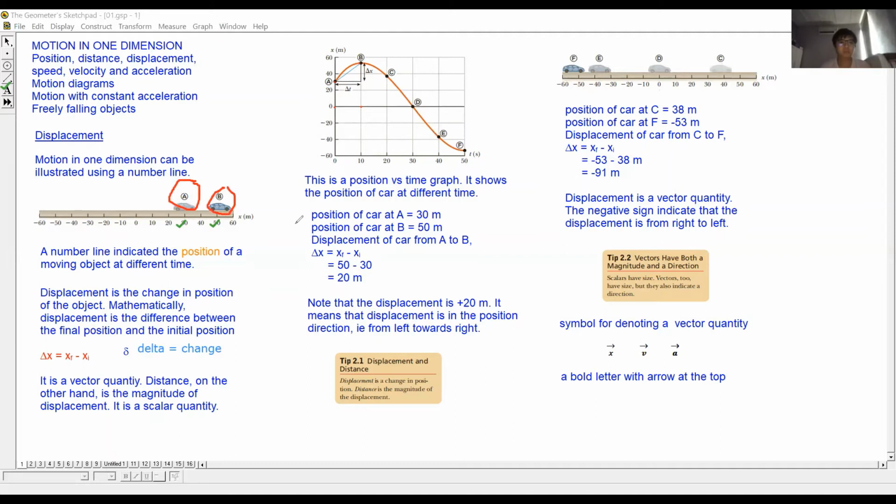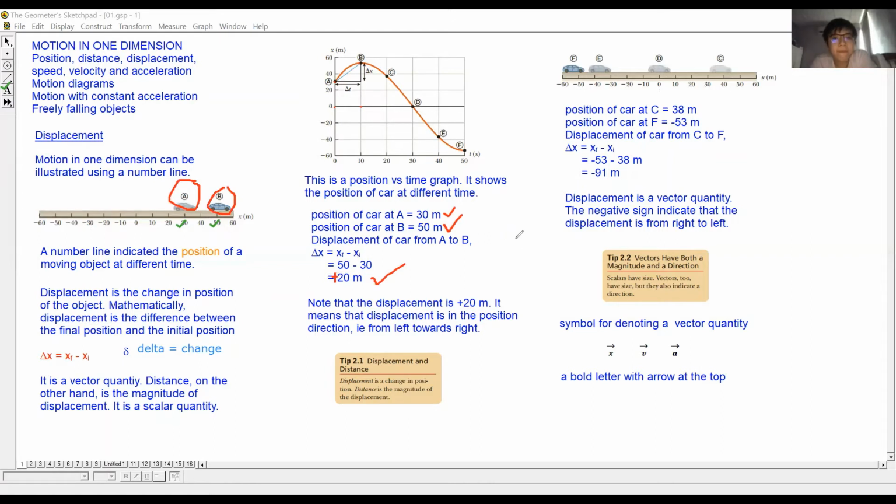So if I want to know the displacement, position of car A is at 30, position after 10 seconds, position B is 50. So the displacement is the final minus the initial, so it is 20 meters. And it is actually positive 20.